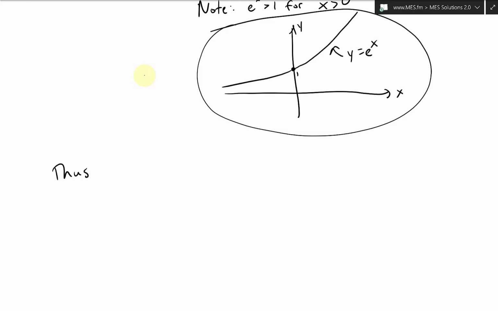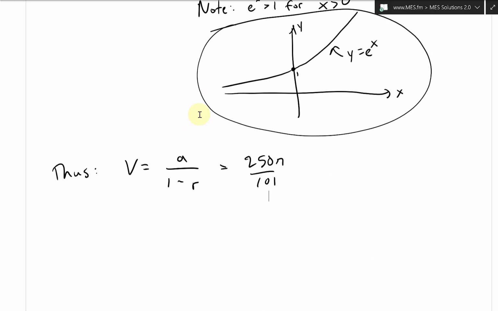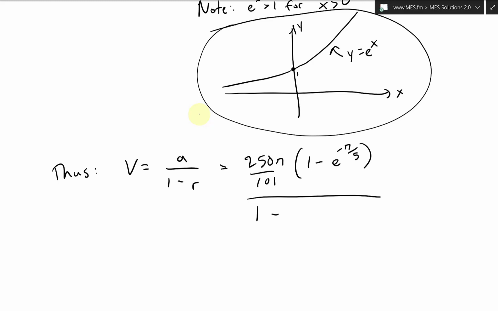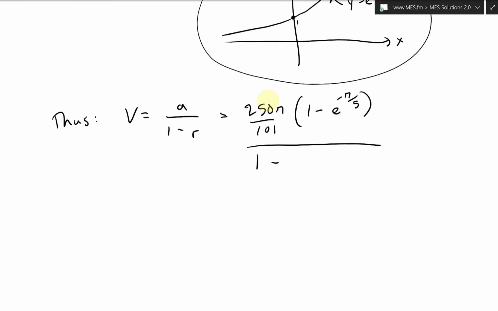So thus, the volume V is just going to be equal to, as a geometric series, a over 1 minus r. And a, we know, is equal to 250 pi over 101, times 1 minus e to the negative pi over 5, divided by 1 minus r, and r is also e to the negative pi over 5.